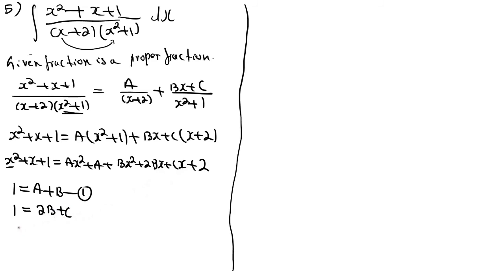Then compare the constant term. 1 is equal to, here constant term is a, and another, is there any constant term? Yeah, a plus 2c, and check once. Yeah, constant term is 2c. This directly implies what is a value? A value is equal to 1 minus 2. A value is equal to minus 1.